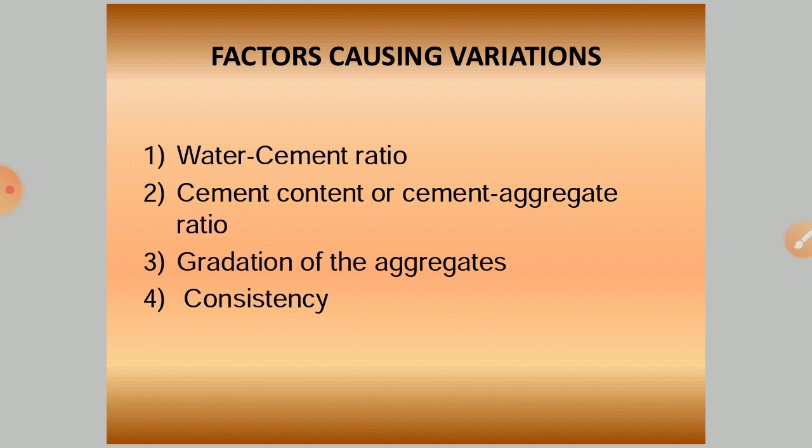I will talk about this in the next lectures, but briefly, for gradation of aggregates we have to perform sieve analysis tests, and using IS 383 you can grade the coarse aggregates as type 2, type 1, type 3 and type 4.